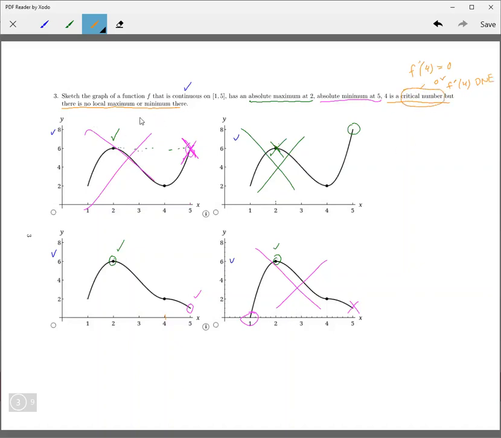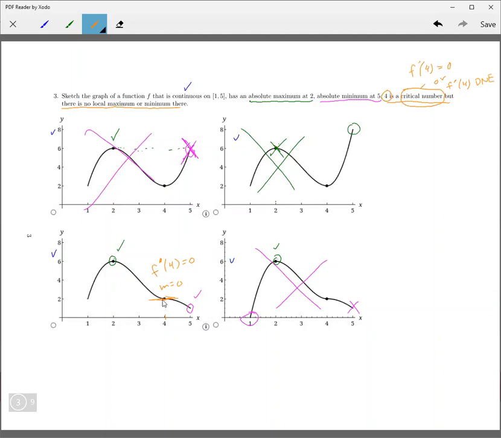Okay, so for 4, the slope is 0 because it's a horizontal tangent, and so the derivative is 0. So this is a critical number there. This is a critical number, but it's a local minimum.